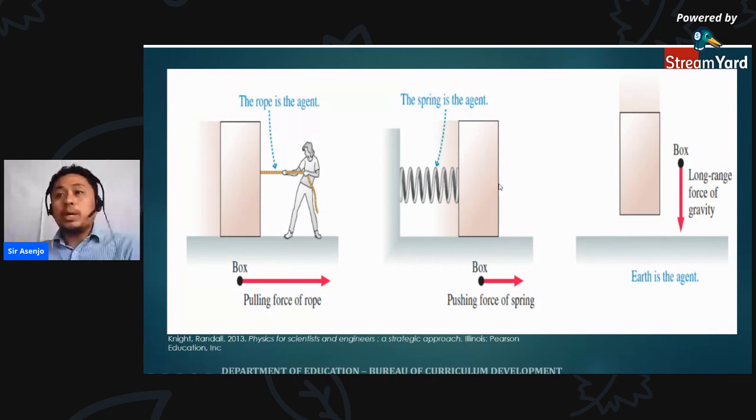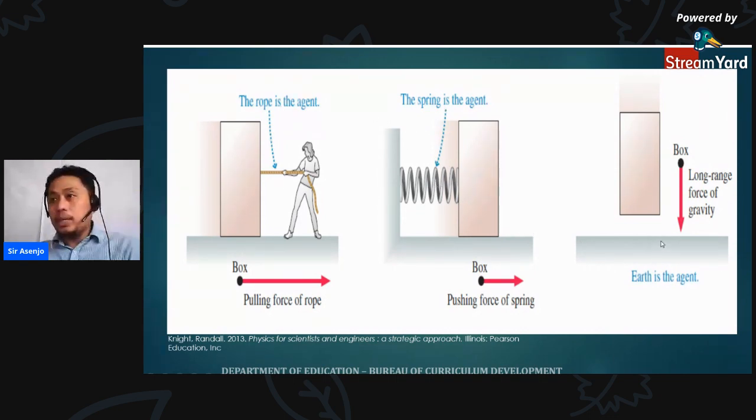So in this second example, you have the spring as the agent. This is a good example of a spring force. So the agent is the spring. First example, the agent is the rope. Second example, the agent is the spring.